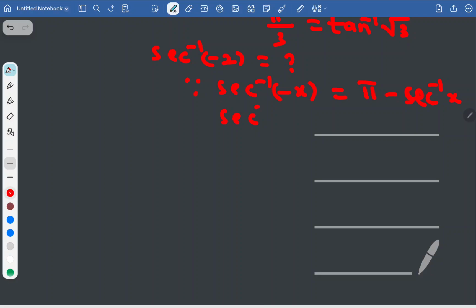Here, secant inverse of minus 2 is pi minus secant inverse of 2.